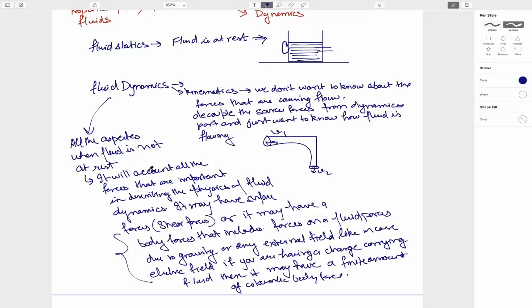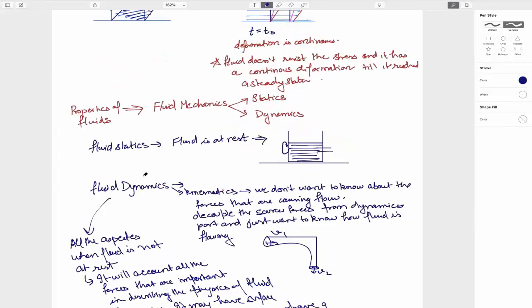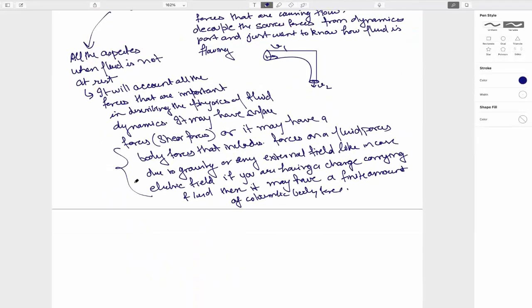What we are interested in today's lecture is the fundamental definition of fluid, why we need to learn about these concepts, and some of the fundamental properties of fluids.